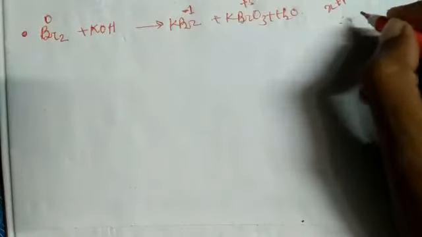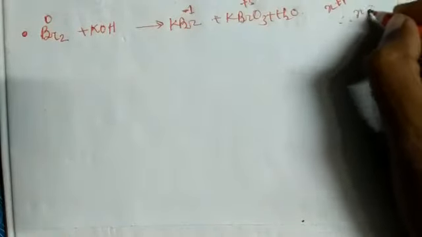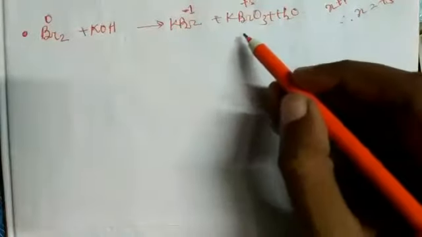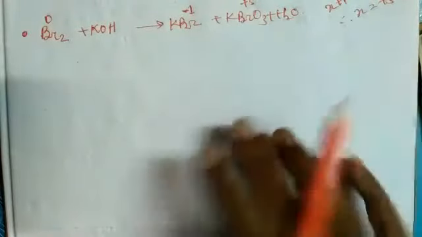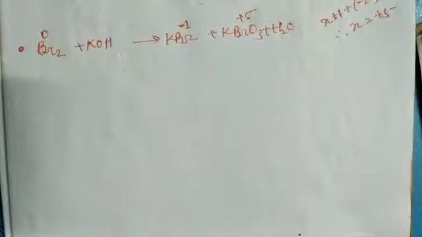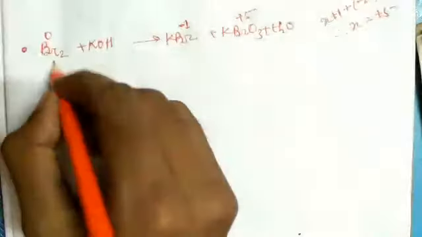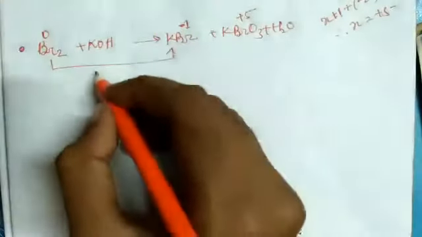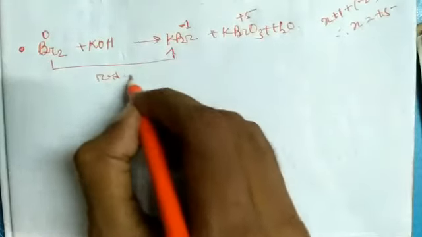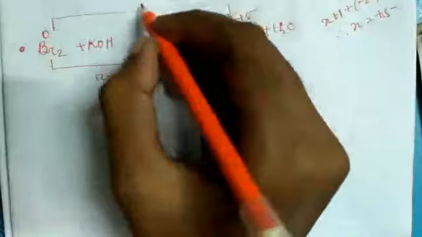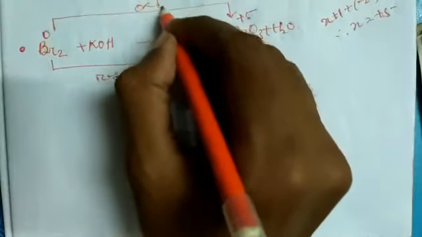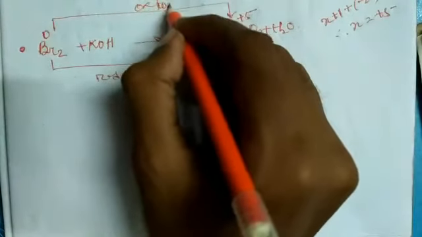From this we get X equal to +5, so the oxidation number of bromine in this compound is +5. From this we can see that here the oxidation number decreases, that is, it is a reduction reaction, and here the oxidation number increases, so it is an oxidation reaction. First we consider the oxidation reaction.